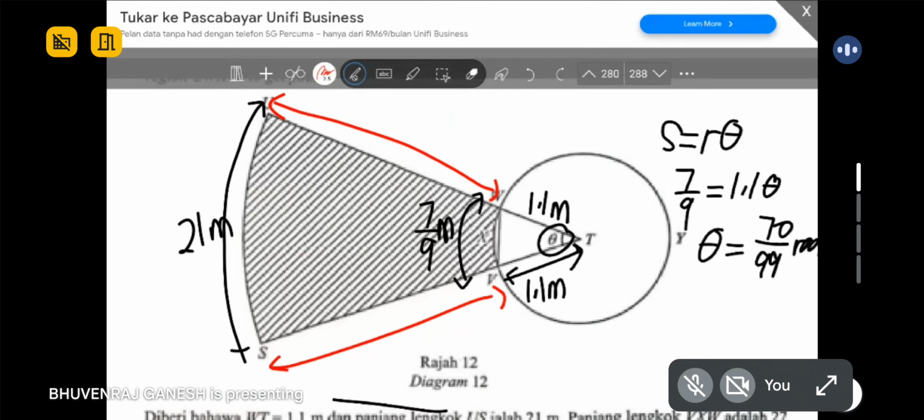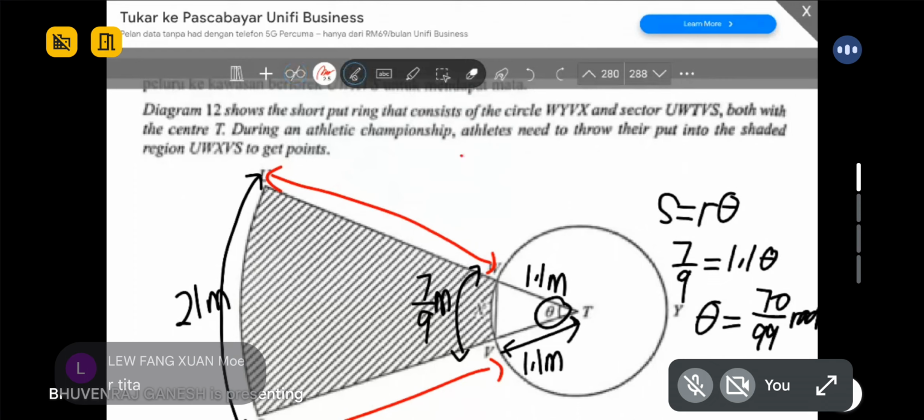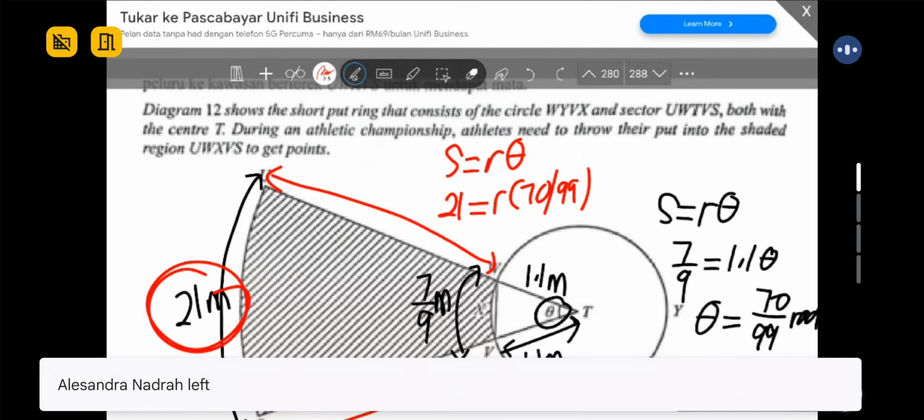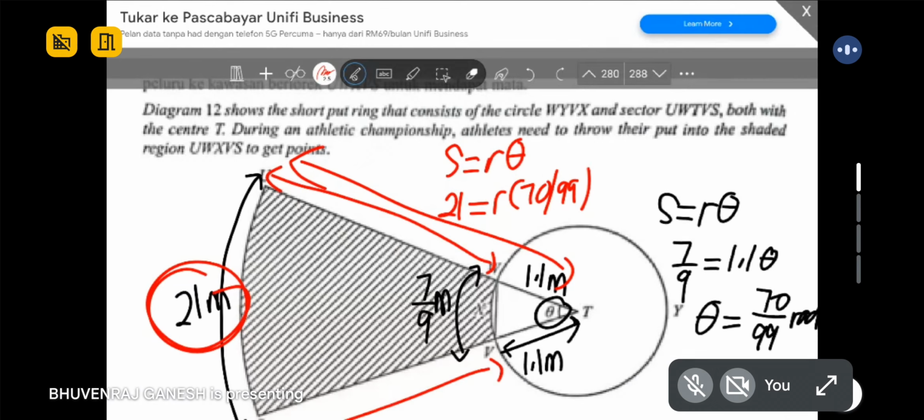Guys, you can use S equal R theta again. Do you guys see that? You can use 21 equal to R times 70 over 99. Am I right? Now I use this larger arc length so that I get the total radius. I can find the whole radius. Understand?